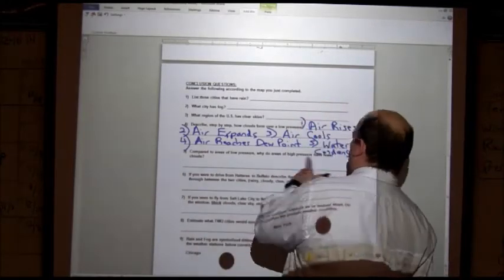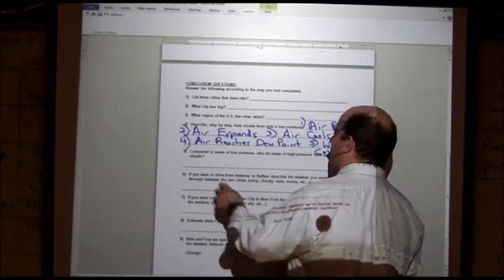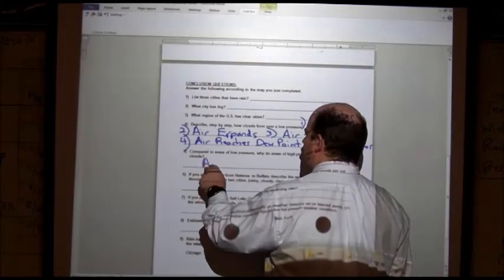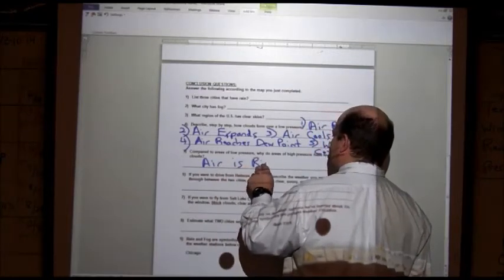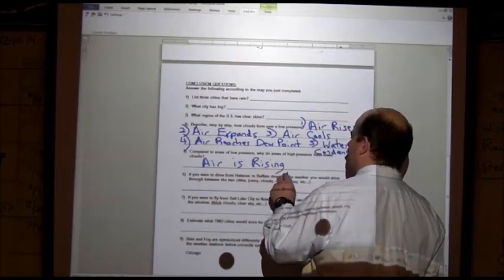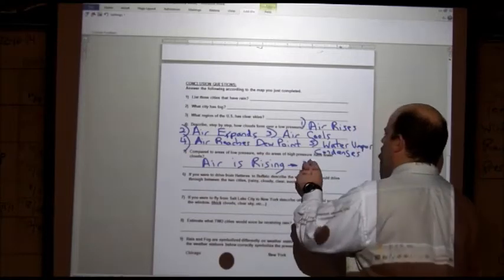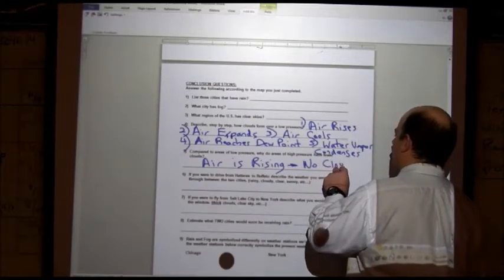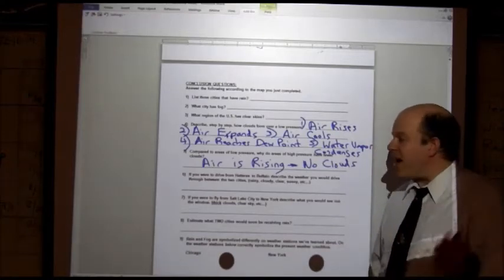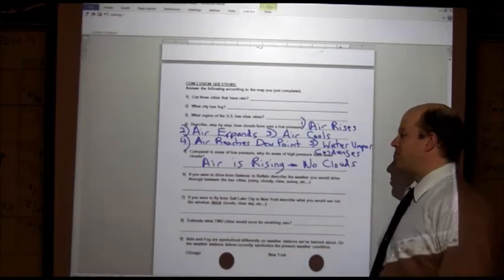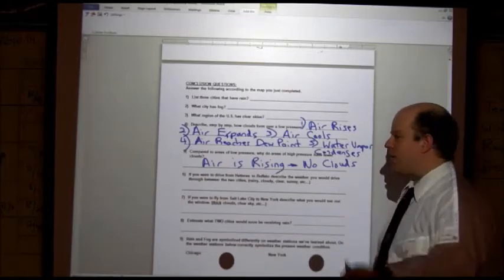So why do areas of high pressure have fewer clouds? Air isn't rising. No clouds. The air's not rising, there won't be any clouds. High pressure, air is sinking.